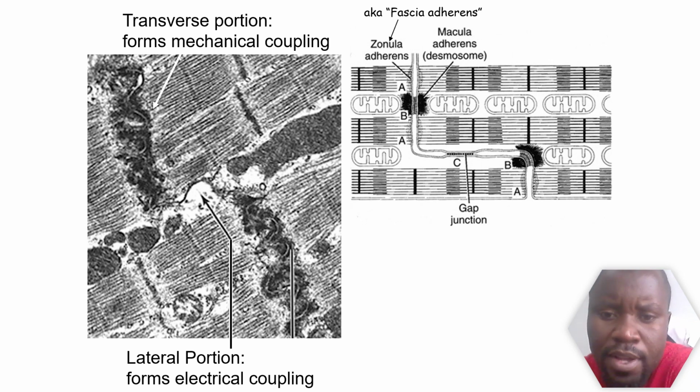So if one cell has an influx of sodium, then the next cell has less sodium. So that sodium can easily flow into the next cell through the gap junction, and the next cell also becomes depolarized.